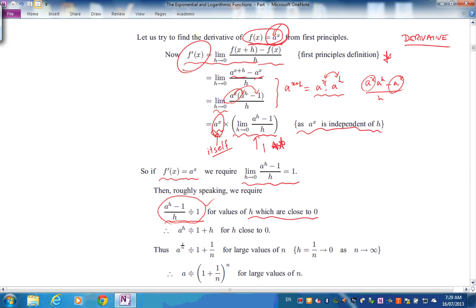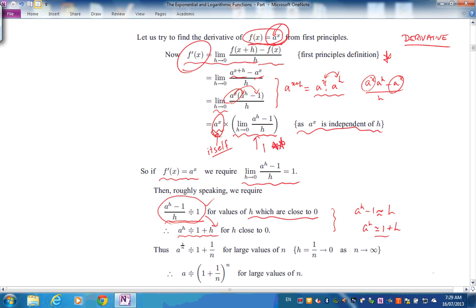That's what the limit means. So therefore, a to the h would be approximately 1 plus h. Again, they've left a little bit out here. A to the h take 1 would be approximately, I'll use that squiggle, approximately h. And then a to the h is approximately 1 plus h. Okay, just going from there to there with a bit more detail.